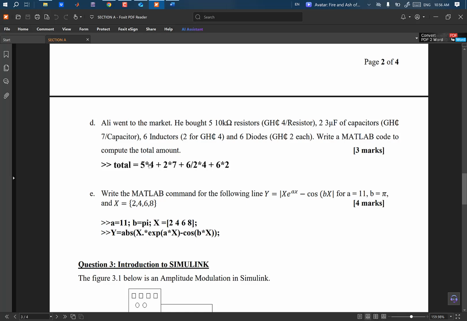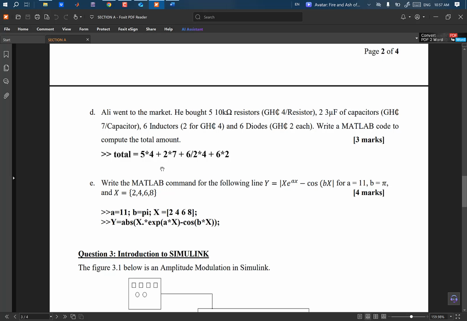So the total amount is basically, you have 5 resistors and each is 4 cedis, so 5 times 4, and then you have 2 capacitors and the price is 7, so that times that. But here, because you have 6 inductors and 2 of them is 4 cedis, you have 6 divided by 2 times 4, and then you have 6 diodes, and then you have times 2, and that will be the equation.